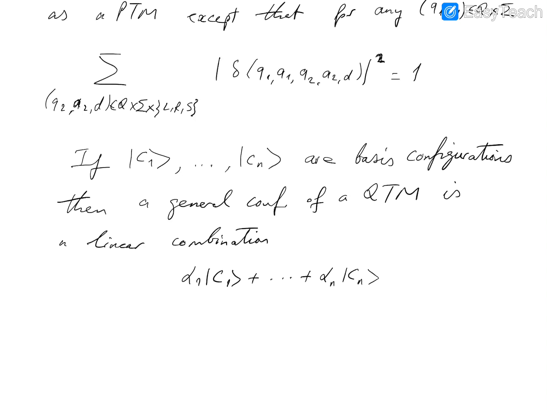The transition amplitude function determines a linear mapping, as a matter of fact, in the state space.